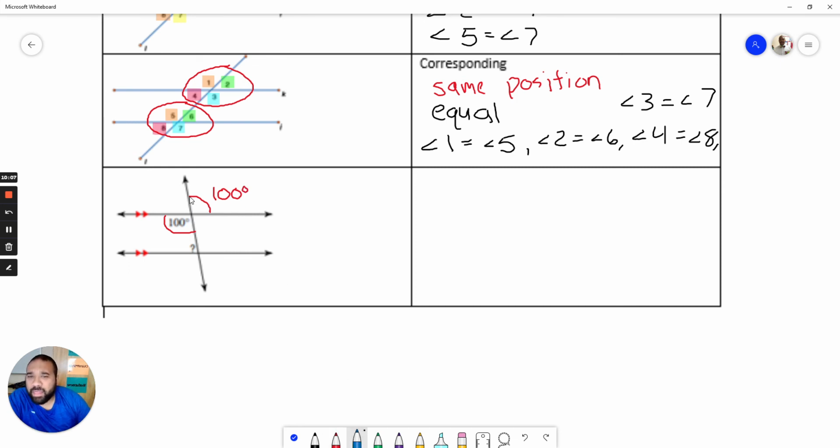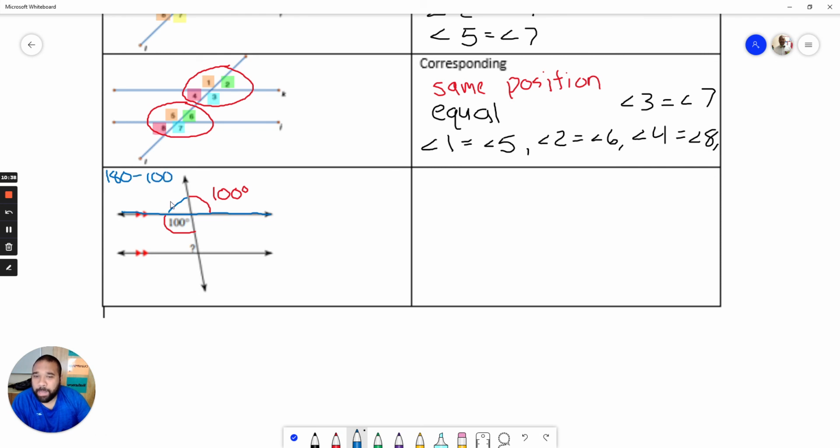Now I want to find this angle. My blue angle is supplementary with my red angle. They form this straight line. And we learned that those angles need to add up to 180 degrees. So I can figure out my blue angle by doing 180 minus 100.